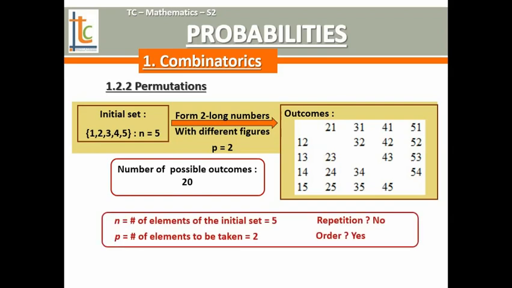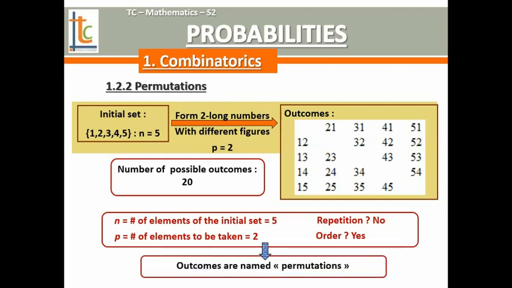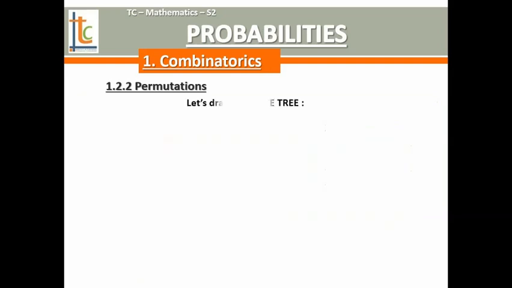Our results are these ones. n equals 5, p equals 2. The repetition is not allowed, and the order still has to be taken into account. 12 is not 21. Let's draw a choice tree.